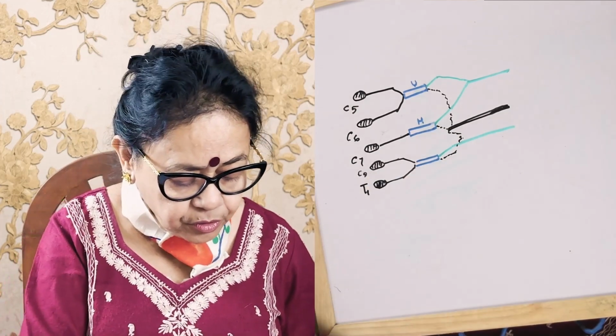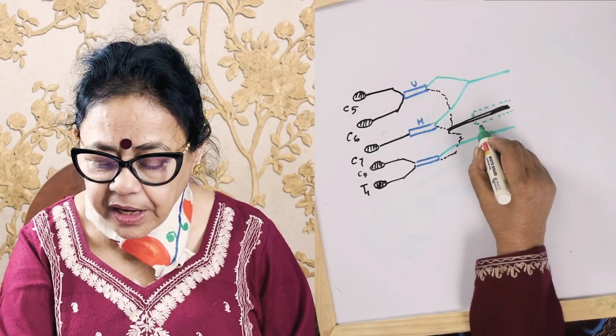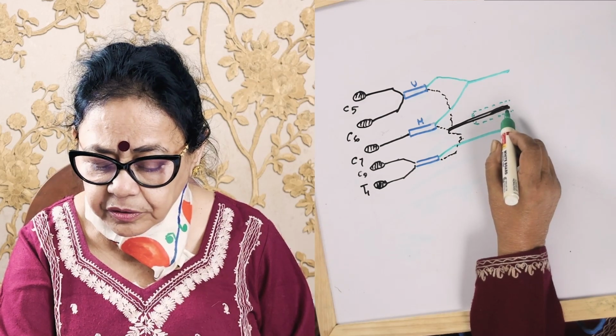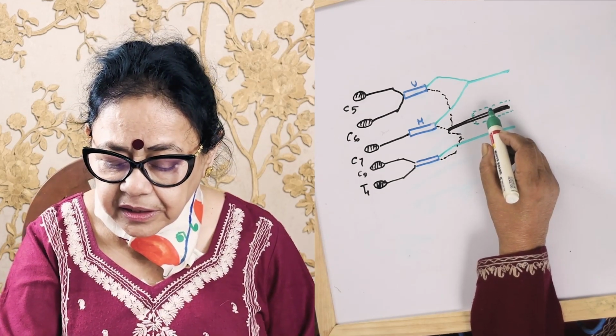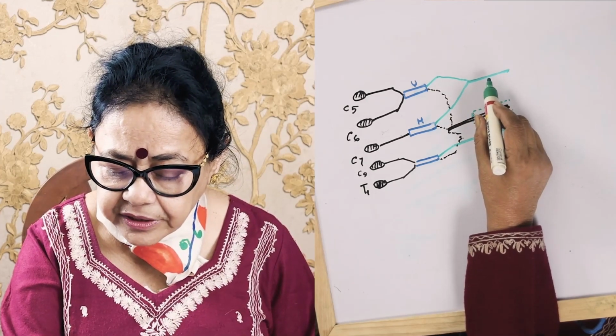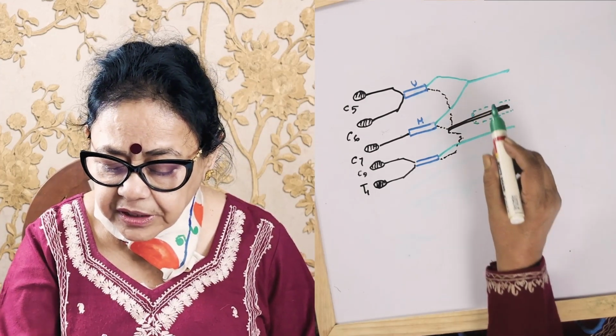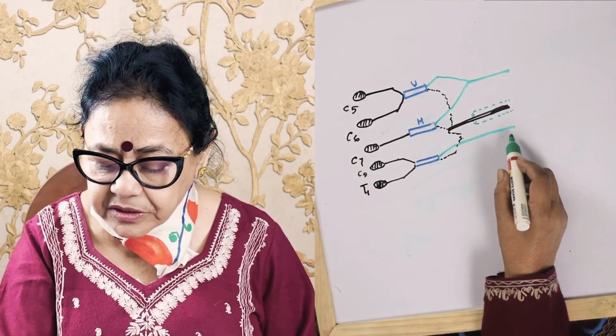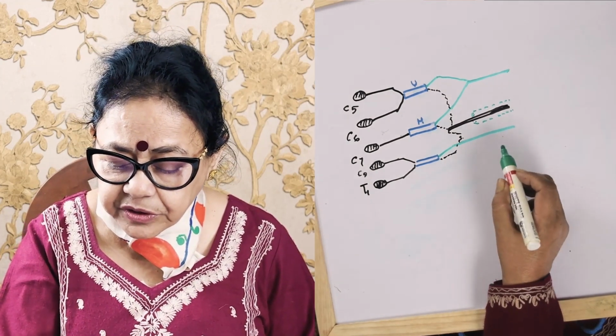The names of the cords are based on the axillary artery. The cord which lies behind the axillary artery is the posterior cord. The one which lies lateral to the axillary artery is known as the lateral cord, and the one which lies medial to the axillary artery is the medial cord.